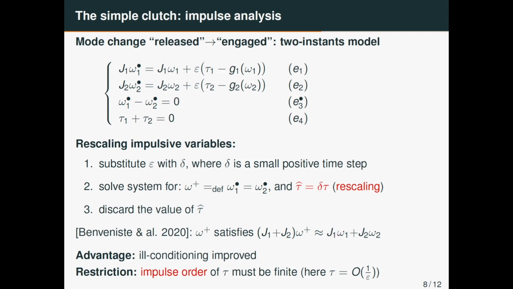A restriction is that this rescaling requires that the impulse order of tau is finite. Here, tau has magnitude order of 1 over epsilon, which by definition yields the value 1 for the impulse order. Unfortunately, impulse order can be infinite, for example if we use exponentials in the expressions.